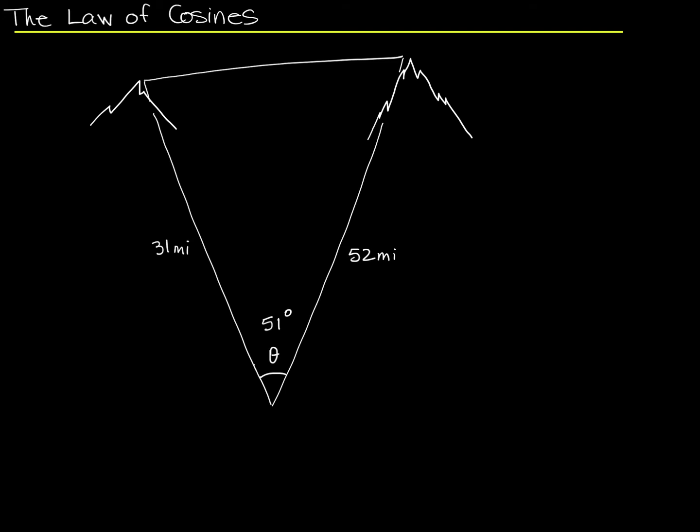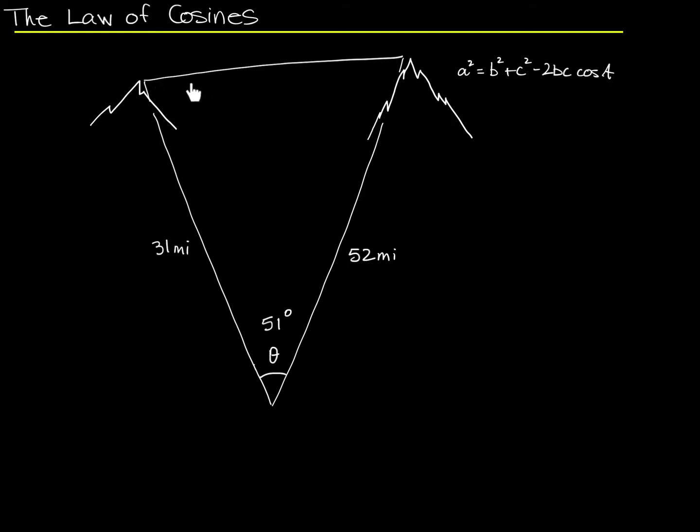The law of cosines says that a squared is equal to b squared plus c squared minus 2bc times the cosine of A, where side A and angle A, and sides B and C, are yet to be determined.